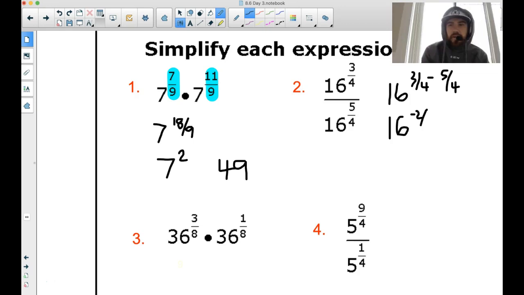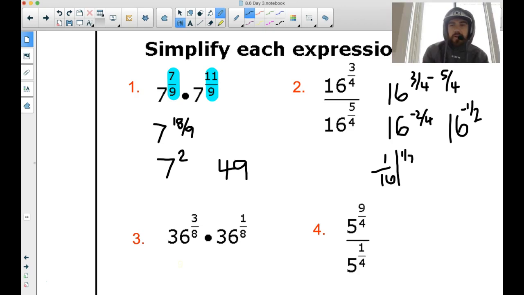Good. All right. Now, you remember what to do with the negative power? Turn it around, multiply it by 2. Kind of. Take the reciprocal of it, make the exponent positive. So this is going to be 1/16 to the positive half.